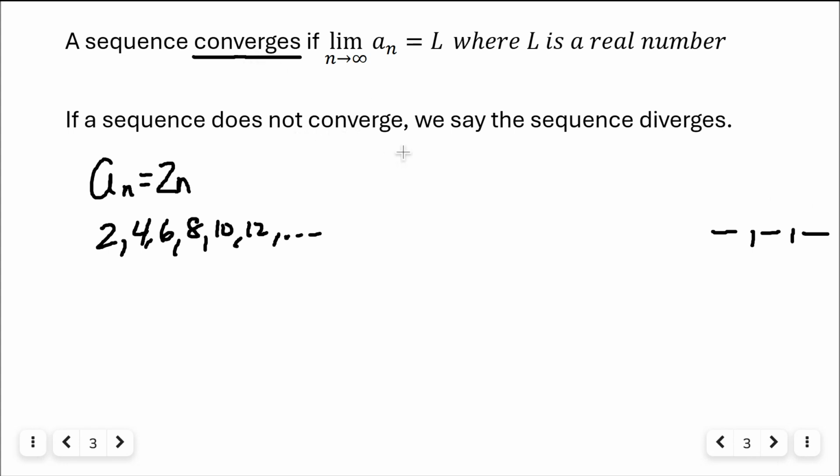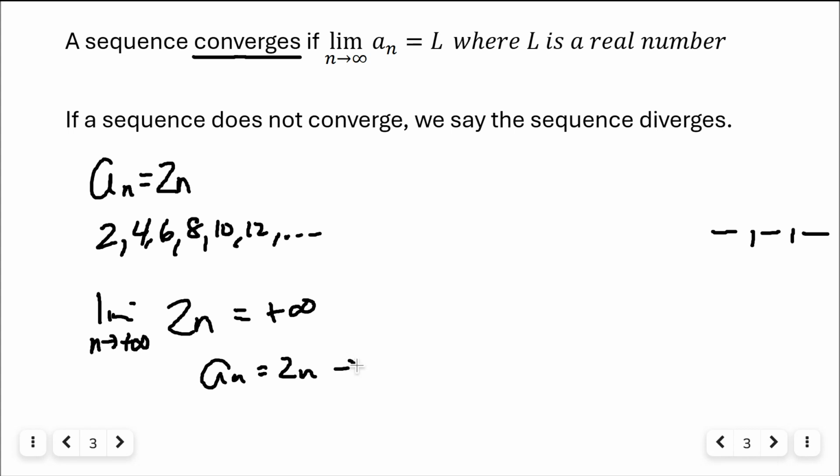If the sequence does not converge, we say the sequence diverges. So for example, if I were to take the limit as n goes to infinity of 2n, right, the sequence on our last slide there. Well, as n goes to infinity, 2 times infinity, that's infinity. So we would say that this sequence, a sub n, diverges.